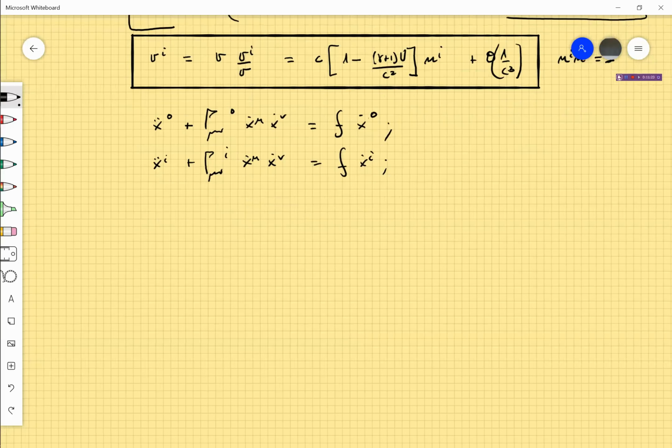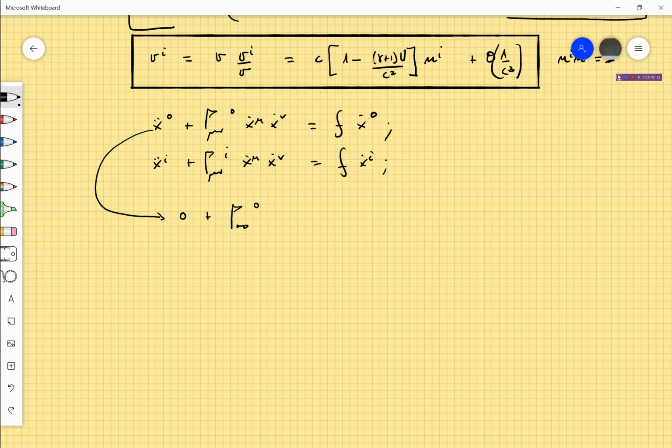Okay, so we start with this one. x dot 0 was c, so x double dot 0 is 0. And then we have gamma 0 0 0.